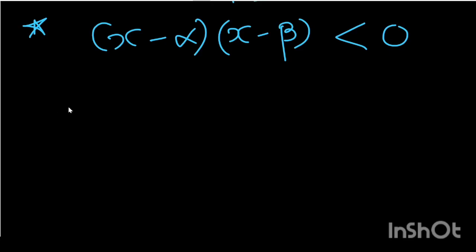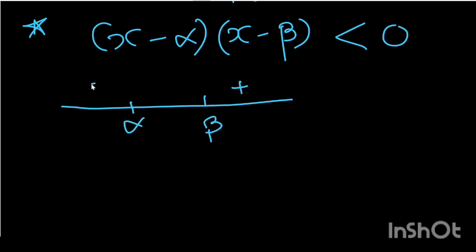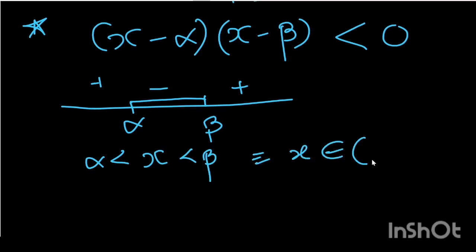And if you derive it using the second method, it comes out the same, which is plus, minus, plus around alpha and beta. So the answer is x from alpha to beta, or equivalently x belongs to open alpha to open beta.